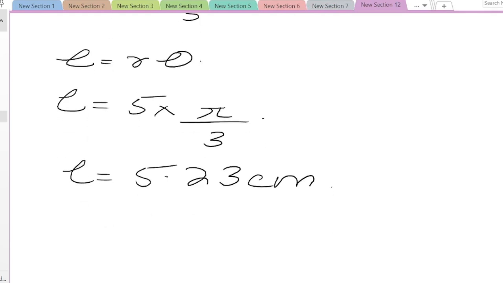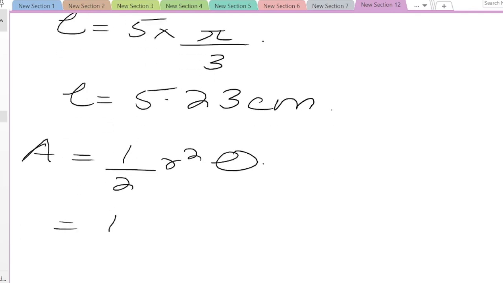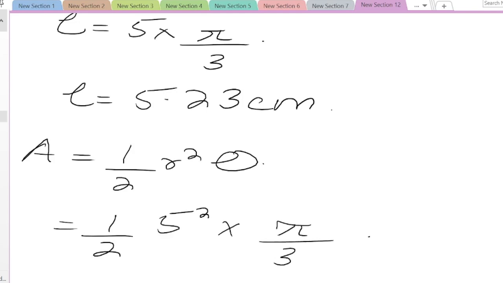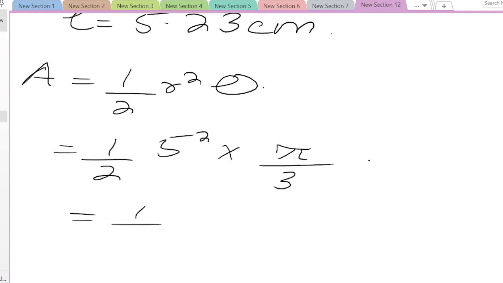We also need to find the area of sector, which is A equal to 1 by 2 r square theta. So we're gonna write 1 by 2 as it is here. But instead of r square, we're gonna write 5 square. And instead of theta, we're gonna write pi over 3. Okay, now what is gonna happen? 5 5s are 25. So we can write 1 by 2 multiply 25 multiply pi over 3.